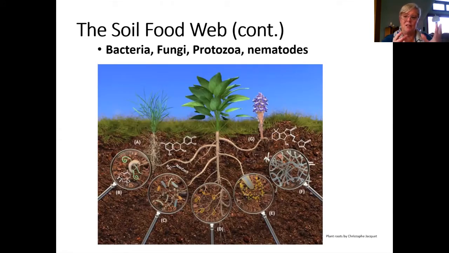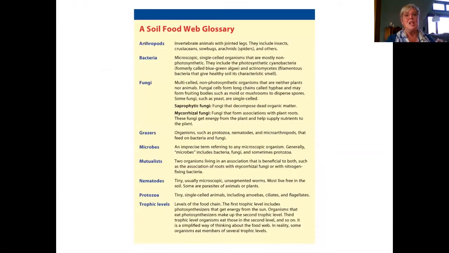So again, looking at the intricacy of how this all works with all these organisms in the soil, they all act and influence the health of the soil, which influences the health of the plants. I'm not going to read this to you. There's a whole set of functions that these organisms provide.